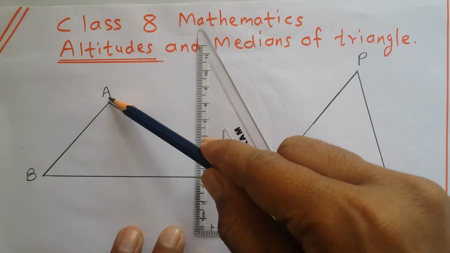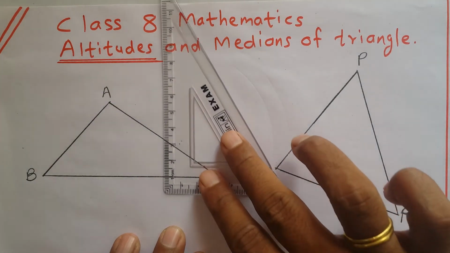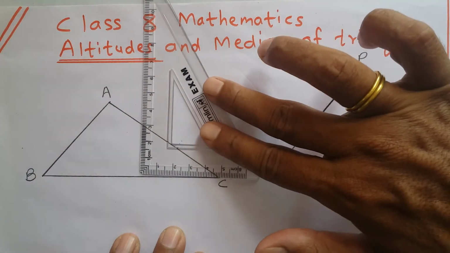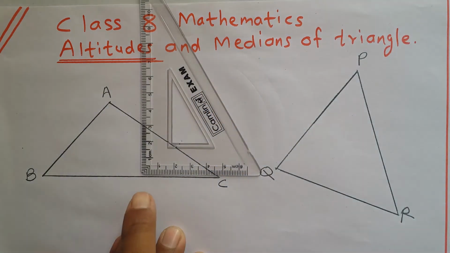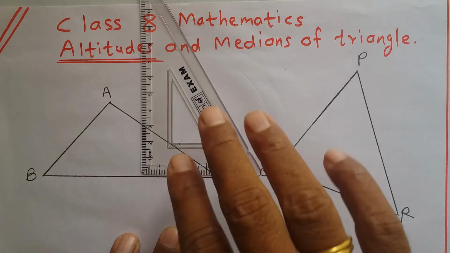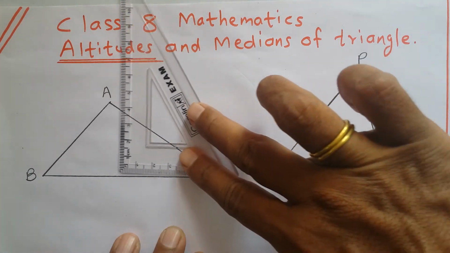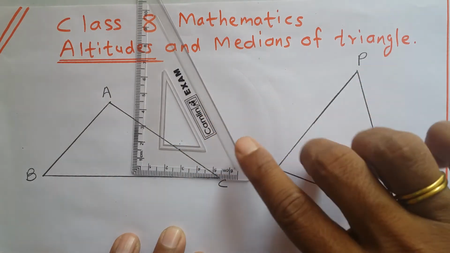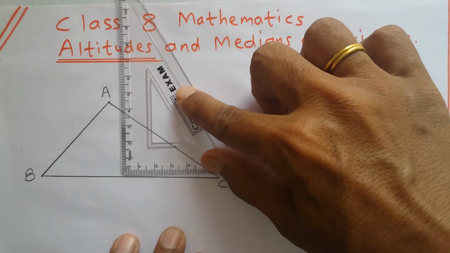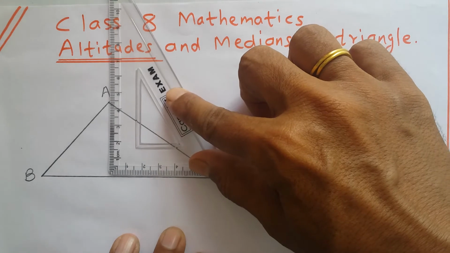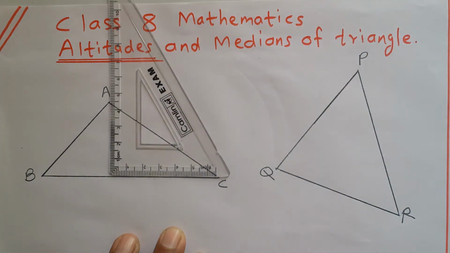and we will coincide this side to point A. How can we do this? See, first of all, we match this side with side BC, and now we can slide. We can slide. See, yes, now it is perfectly matched.